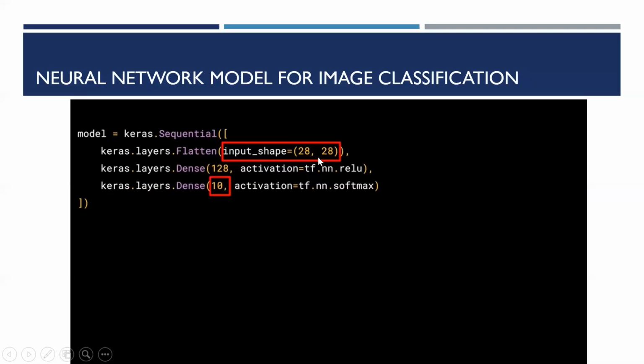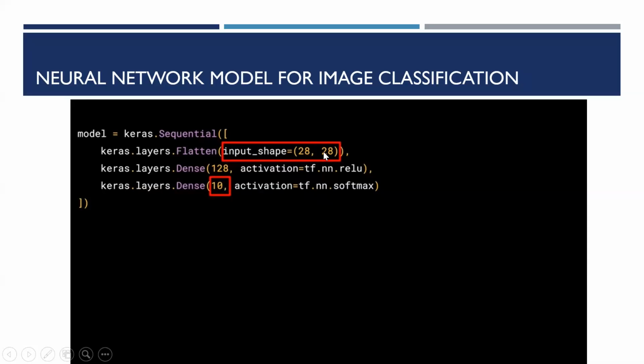In order for the neural network to process it more easily, we'll be flattening it. This 28 by 28 is like a matrix, and we'll just flatten it to make it a vector. 28 times 28 is 784, right?